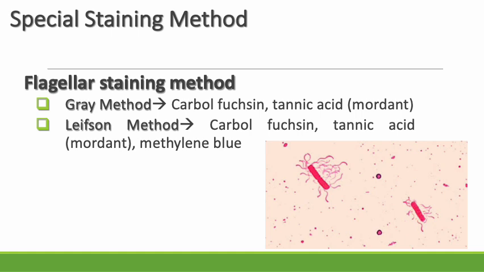In some cases we need to demonstrate what type of flagella they have, and we usually observe it using staining methods. The staining methods for flagellar staining are the following: the Gray method and the Leifson method. The Gray method uses carbolfuchsin and tannic acid as mordant, and the Leifson method uses carbolfuchsin, tannic acid, and additionally methylene blue as its secondary stain.